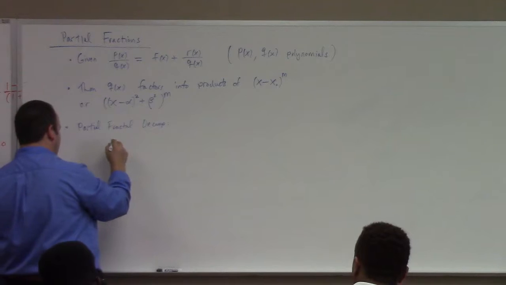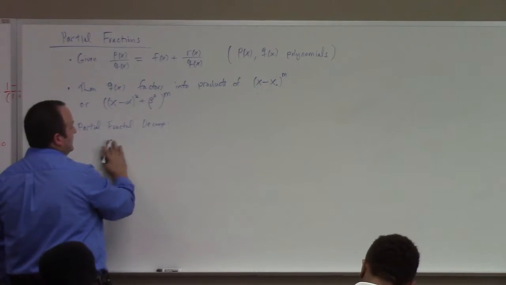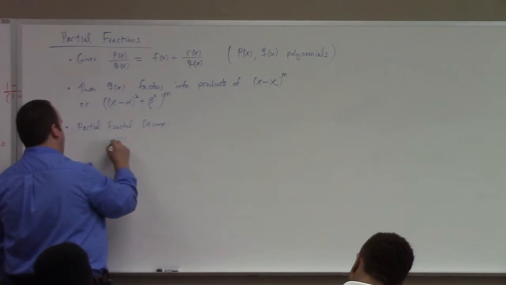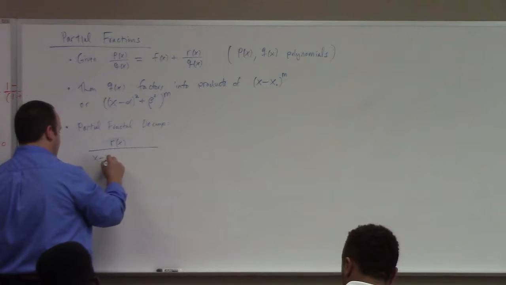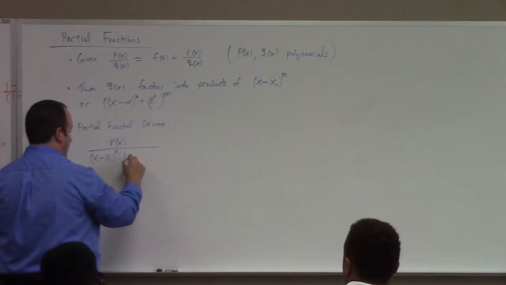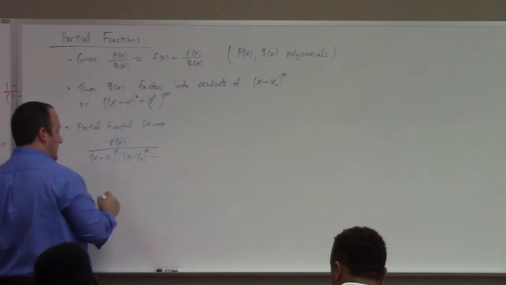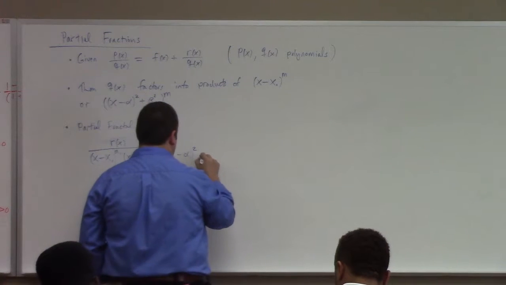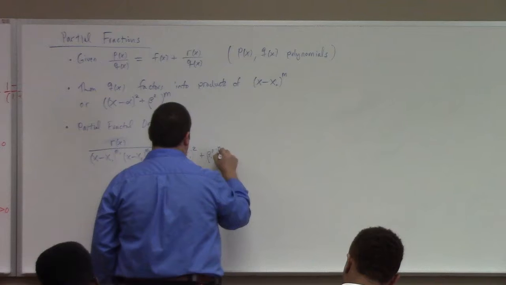If I've got, well, let me be more precise, r of x divided by, let's say, x minus x1 to the m1, x minus x2 to the m2, and so forth and so on. And then I've got x minus alpha 1 squared plus beta 1 squared to the, let's say, n1.